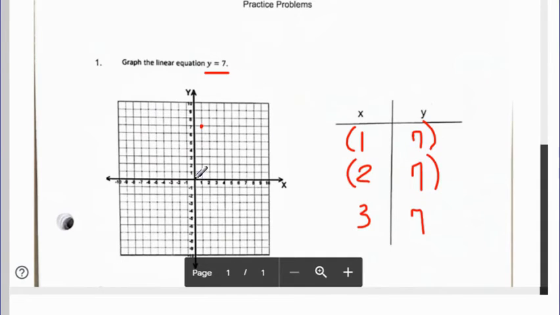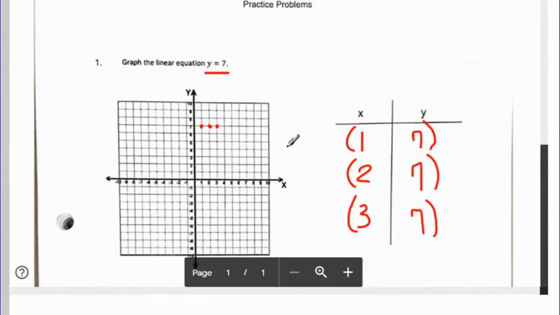I start back at 0, 0. I go over 1, 2, up 1, 2, 3, 4, 5, 6, 7. And I make a point right there. My last one is 3, 7. So I'm going to go at 0, 0 over 1, 2, 3, up 1, 2, 3, 4, 5, 6, 7.